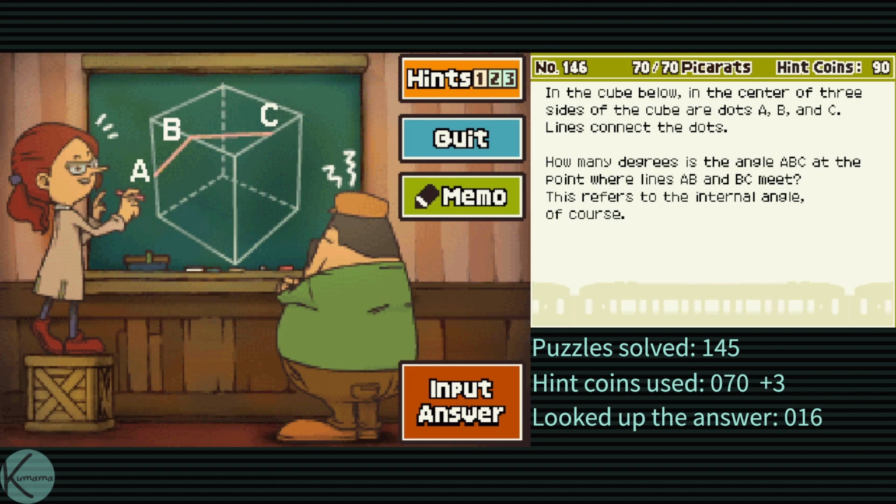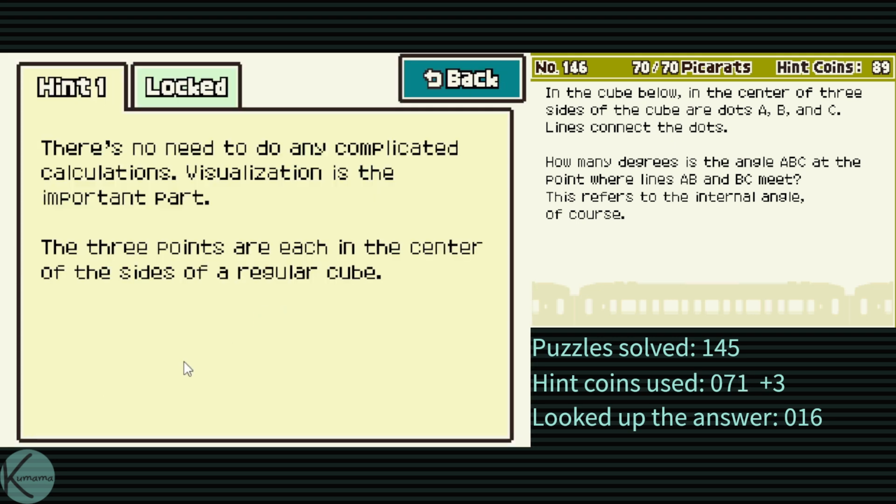Okay, so I misread the question. But also, I don't think that would help. It doesn't help now that I've read the question again and I understand that they weren't asking what I think they were asking for, which is also not right. I don't know. I have no idea.